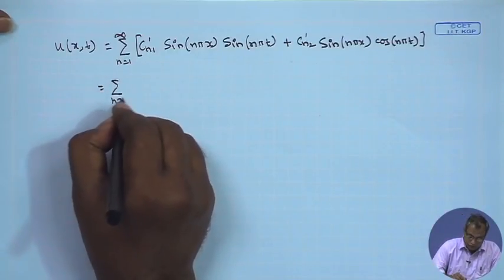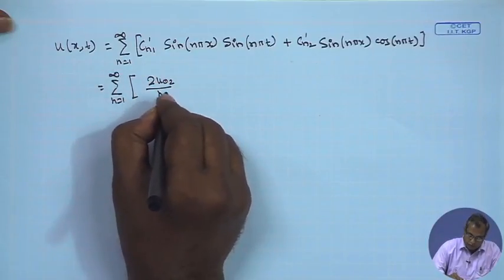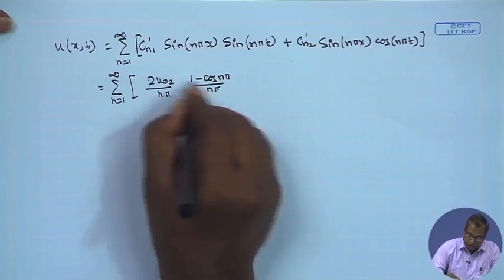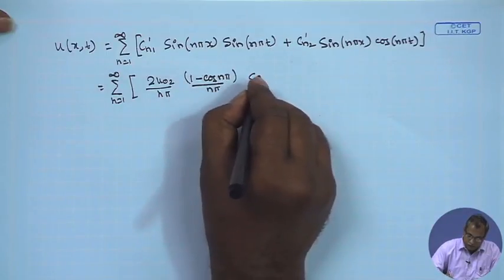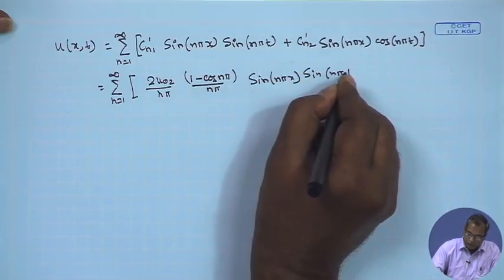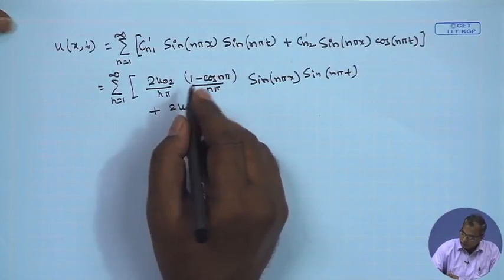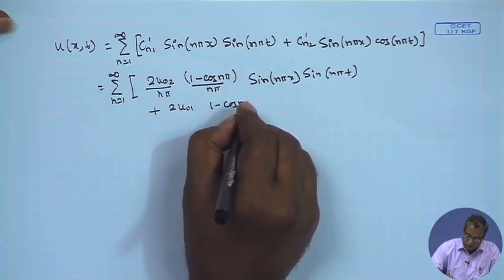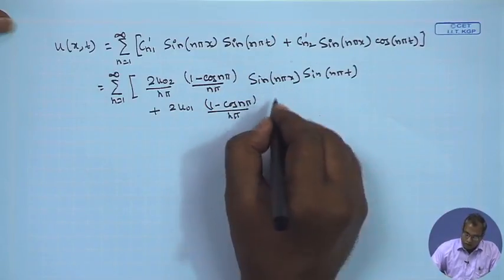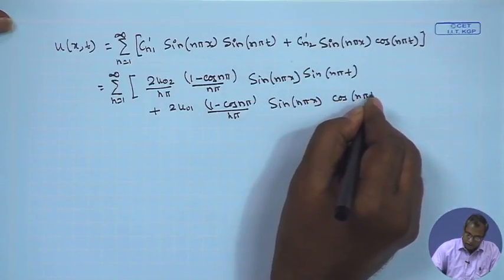So, this will be n is equal to 1 to infinity bracket 2 u 0 2 by n pi into 1 minus cosine n pi over n pi sin n pi x sin n pi t plus C n 2 prime is 2 u 0 1 into 1 minus cosine n pi divided by n pi sin n pi x cosine n pi t.